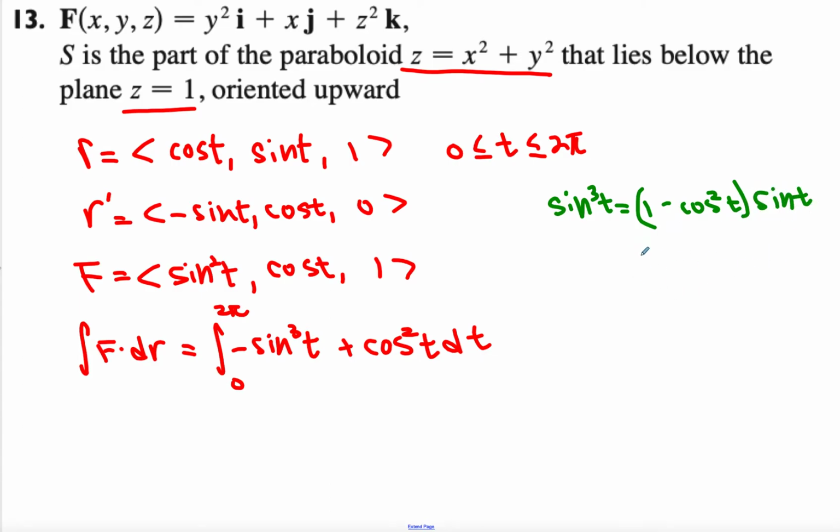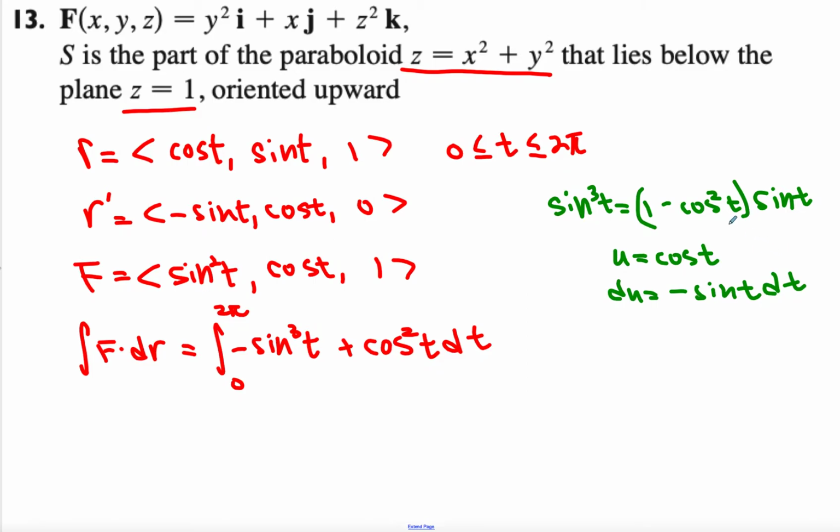So in this case, I can let u equal cosine t, then du becomes negative sine t dt.